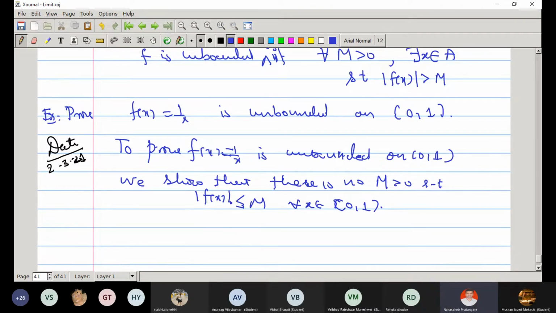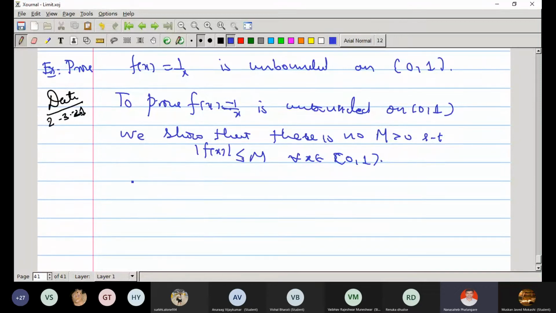So we want to prove that there is no such m. On the contrary, suppose there exists m such that the absolute value of f is less than or equal to m for all x in 0 to 1.